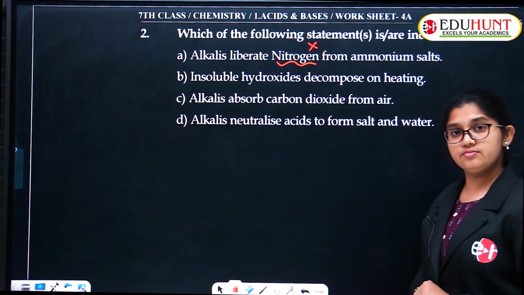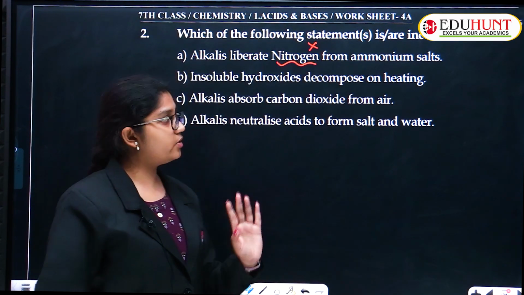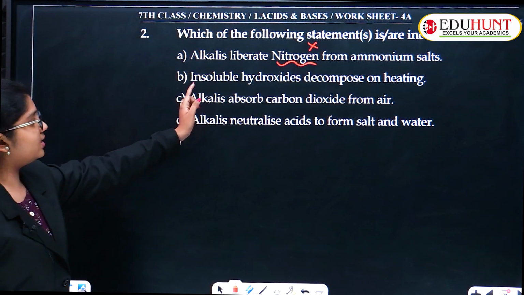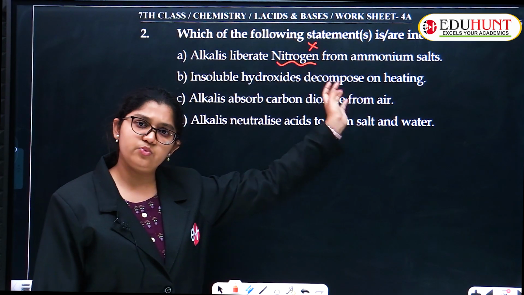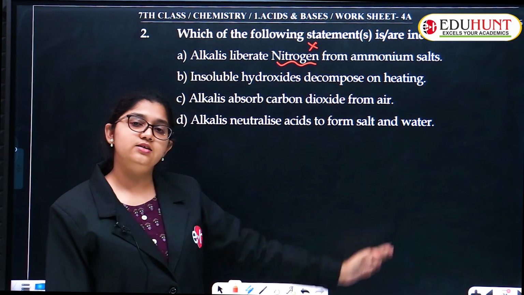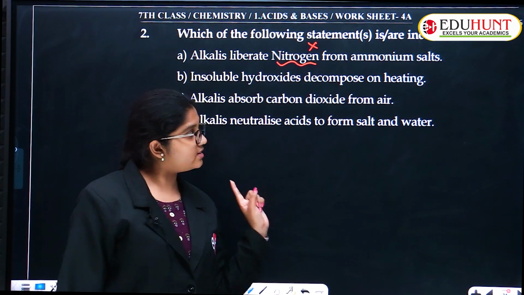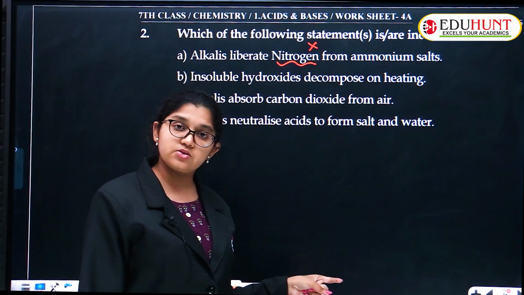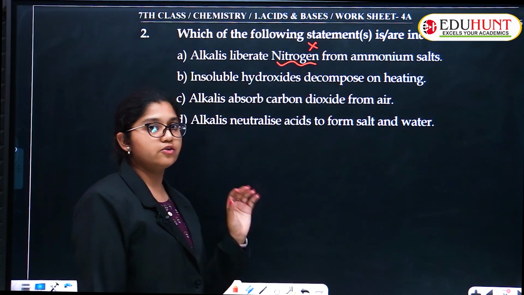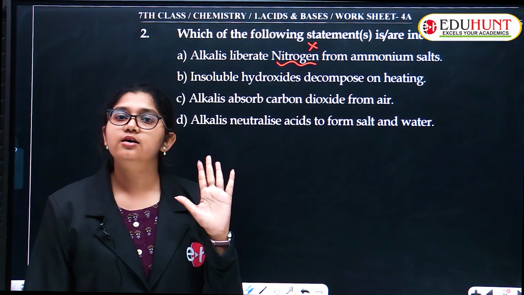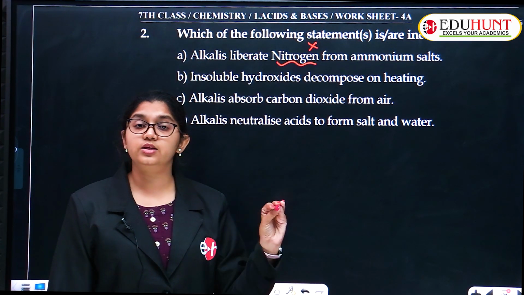What is the equation for that? Alkalis liberate nitrogen from ammonium salts. Where do you see this property? Did you see this in the general properties of soluble bases or alkalis? In that I told you the fifth general property, action with ammonium salts.